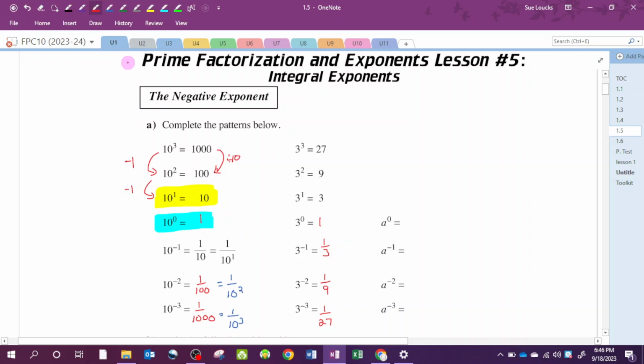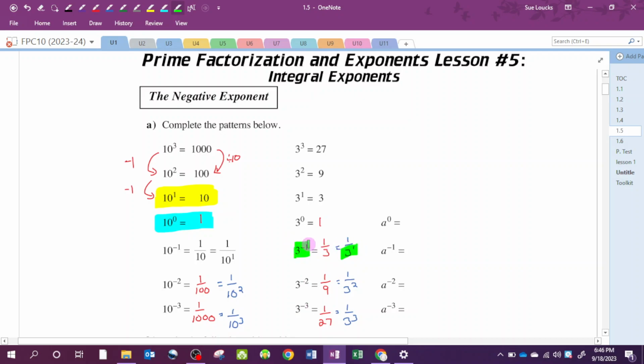And then I can write 1 over 3 as 1 over 3 to the power of 1. And 1 over 9 is 1 over 3 squared. And 1 over 27 is 1 over 3 cubed. So what I want you to notice here is that when we have a negative exponent, we just move it into the basement and change it to a positive exponent.